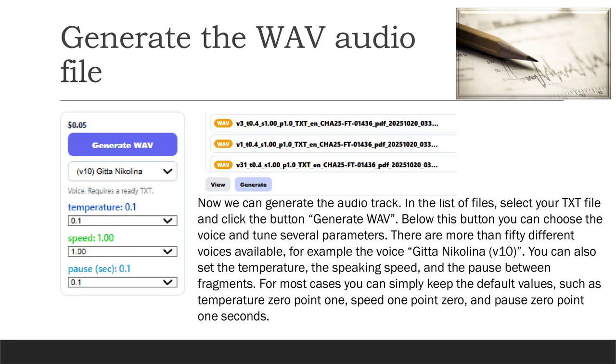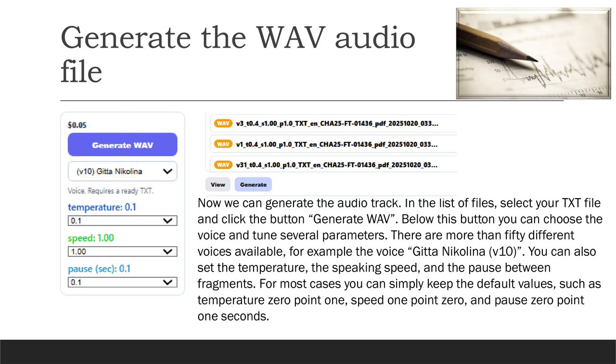Now we can generate the audio track in the list of files. Select your TXT file and click the button Generate WAV. Below this button you can choose the voice and adjust several parameters. There are more than 50 different voices available, for example, the voice called Gita Nicolina, version 10. You can also set the temperature value, the speaking speed, and the length of the pause between fragments.